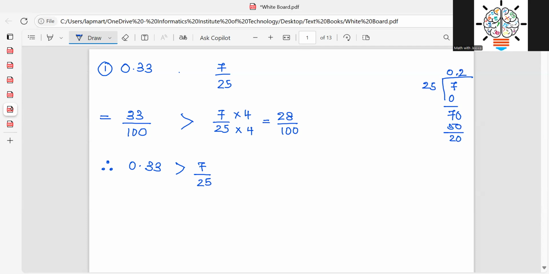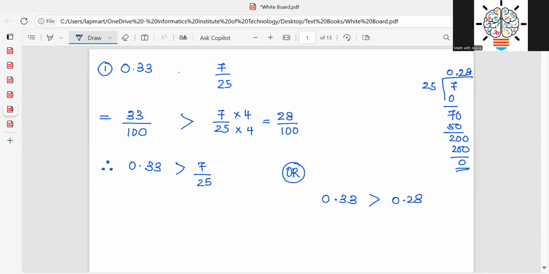So then 200, you have 8, so then 200 and 0. Now what happened? You have 0.28, this is the second option I'm writing, right? So then you can compare 0.33 and 0.28. Now you know this is bigger.